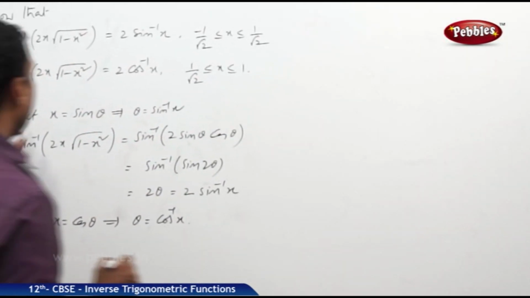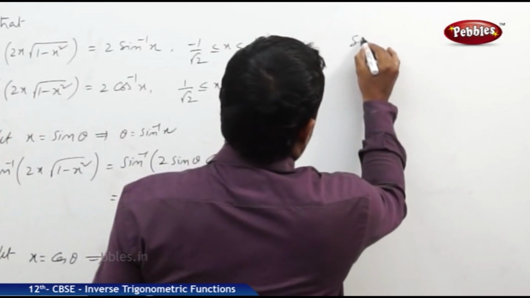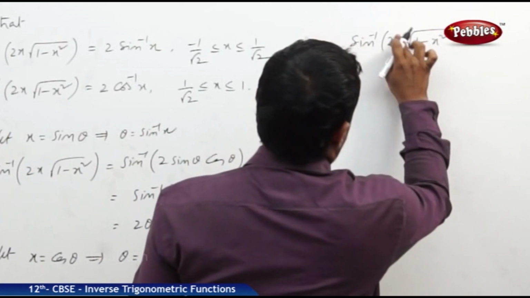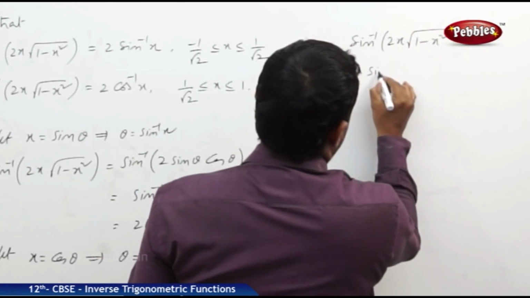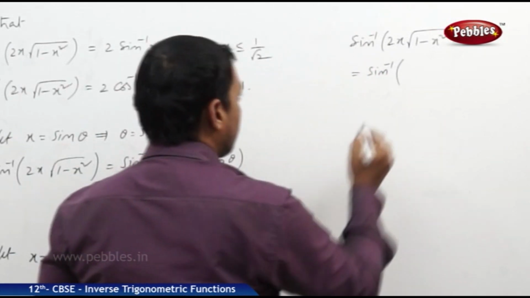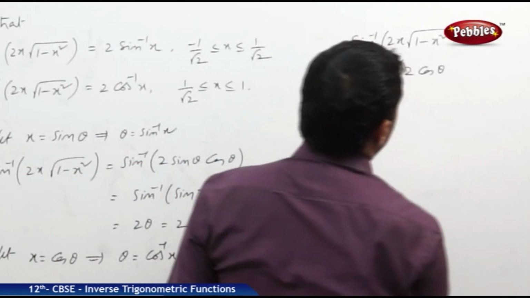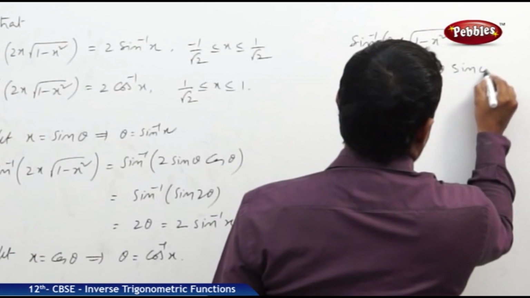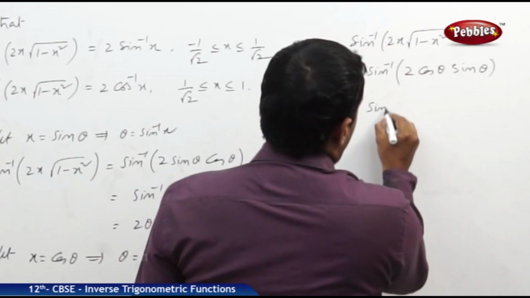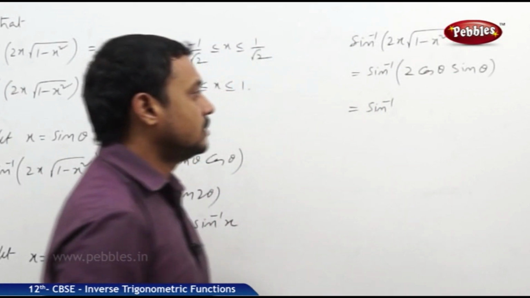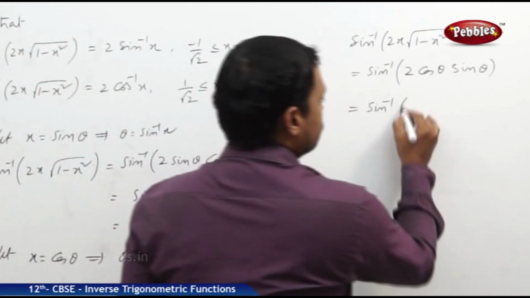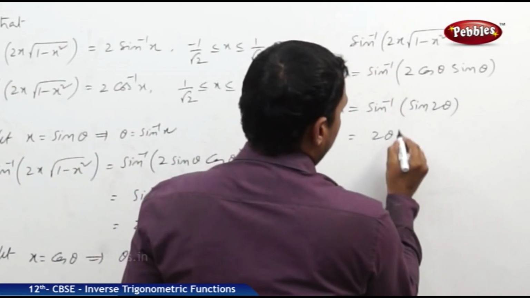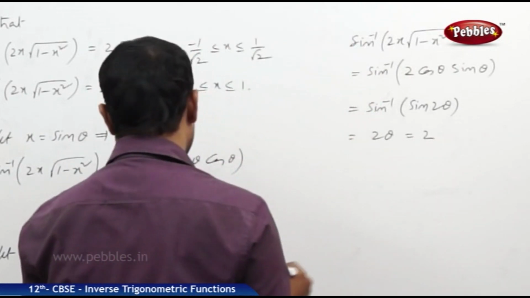Now, here also we consider sin inverse of 2x into root of 1 minus x square, which is equal to sin inverse of, put x is equal to cos theta here, 2 cos theta into root of 1 minus cos square theta, nothing but sin theta. 2 cos theta sin theta, nothing but 2 sin theta cos theta, which is equal to sin 2 theta. Now, sin inverse of sin 2 theta is equal to 2 theta, 2 into theta, where theta is equal to cos inverse x.